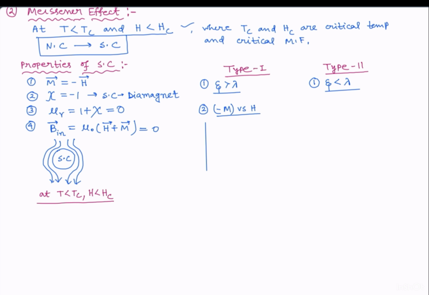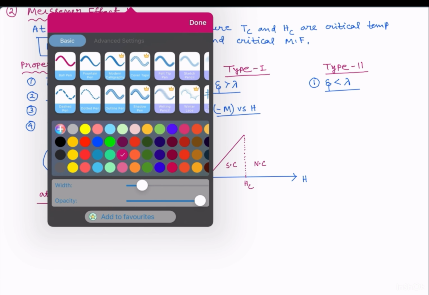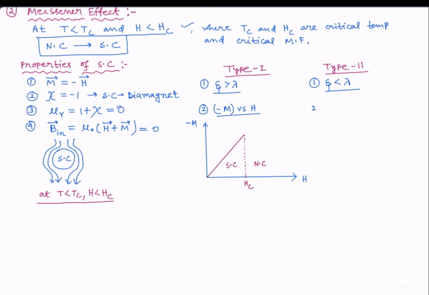This will be minus M and this will be H, and this part is superconductor and this part is normal conductor. Now similarly for type 2 superconductor, we draw the graph of minus M versus H.